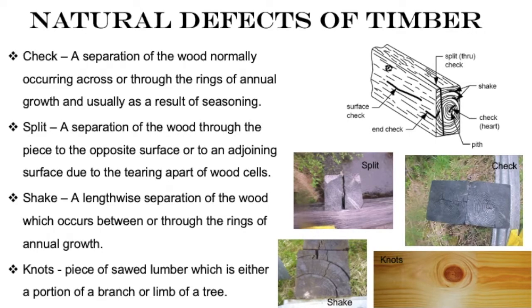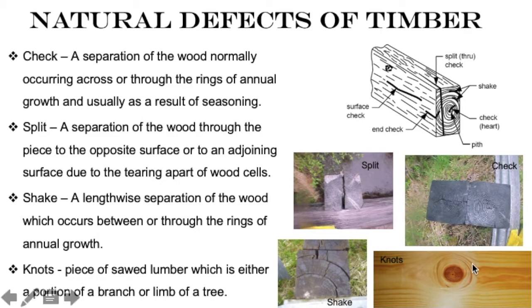By definition, a check is when the timber or wood splits perpendicular to the growth ring, and a shake is when it splits parallel to the growth ring. A split simply means a separation of the wood fibers across, through and through.